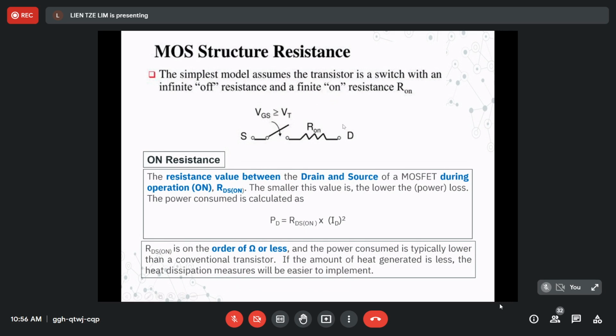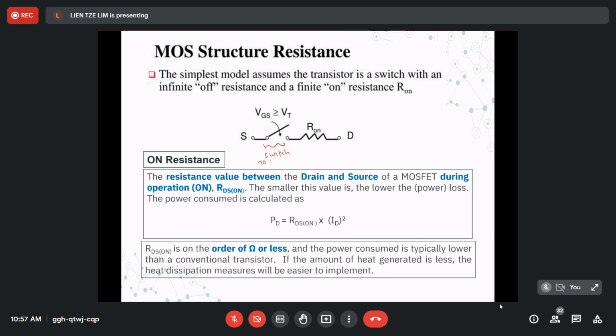The simplest model assumes for the transistor when it is on, we can use this model. Since a transistor is a switch, we can also draw the transistor in another form, as a switch. This is the switch.